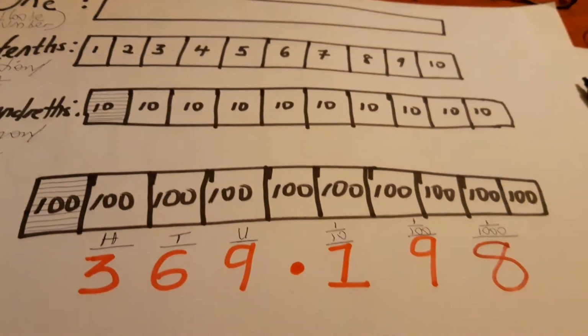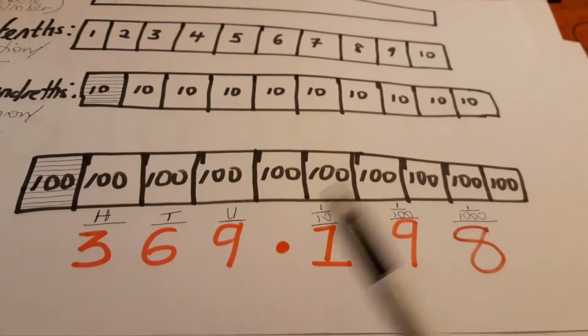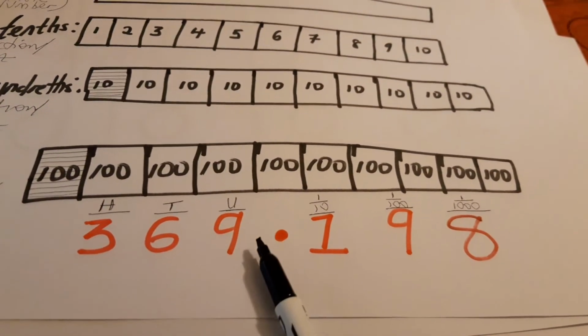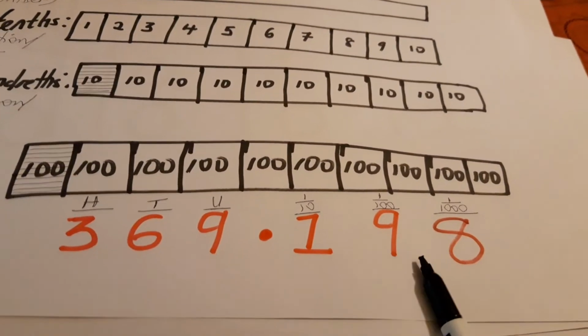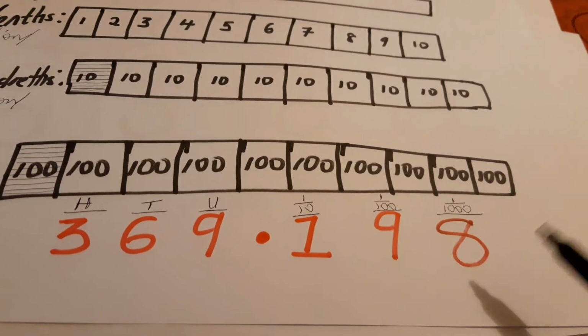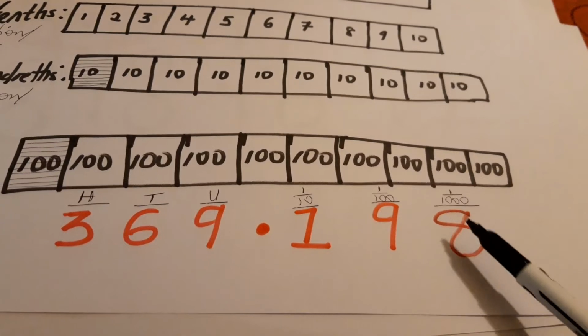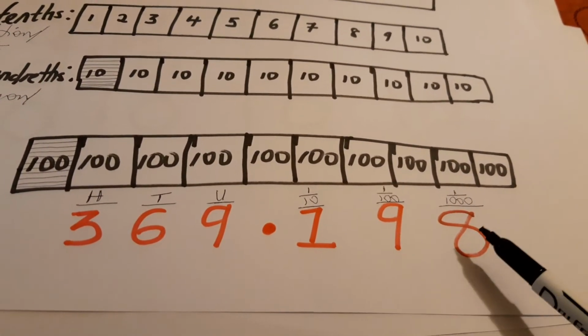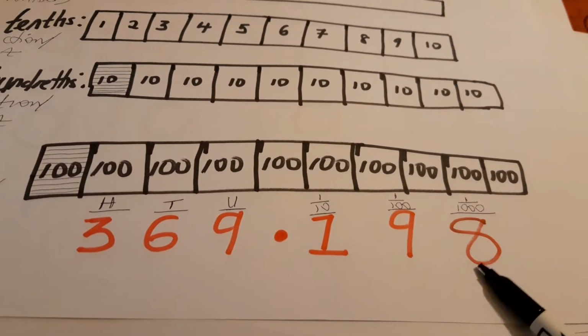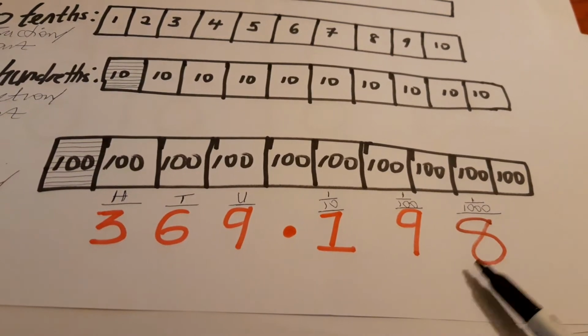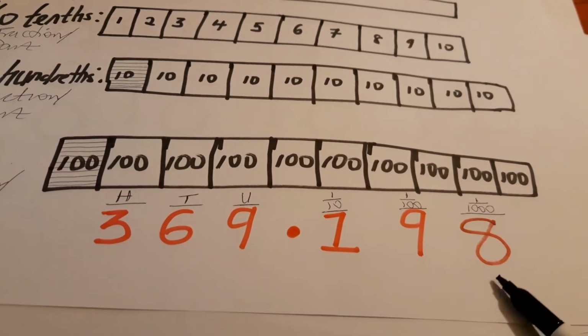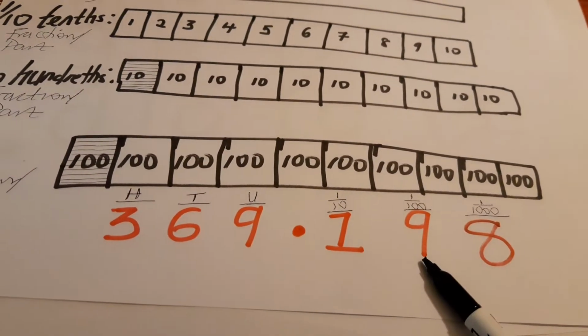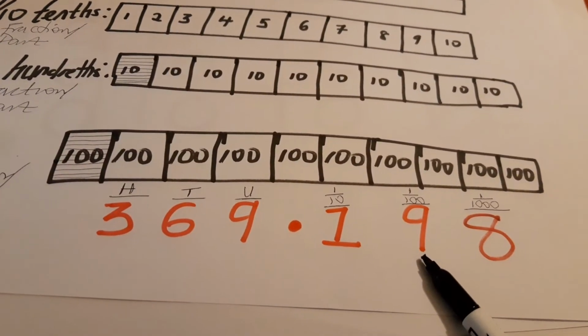And that's similar to this. I've got numbers down here, 369.198. The same thing. I'm on 8. So this is 8 thousandths, 9 thousandths. And when I get to 9 thousandths, I don't write 10 thousandths. I write 0, and I take the 1 to the next column on the left and then put it here.